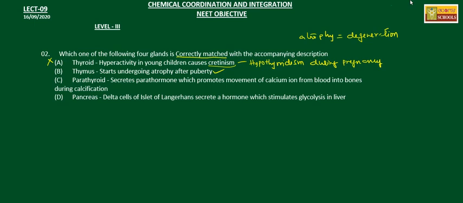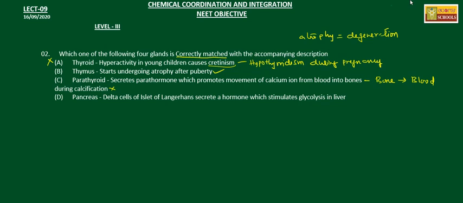No, this will be from bone into blood. We know parathormone is a hypercalcemic hormone, so it produces a higher concentration of calcium ions. So hence this is also a wrong match.